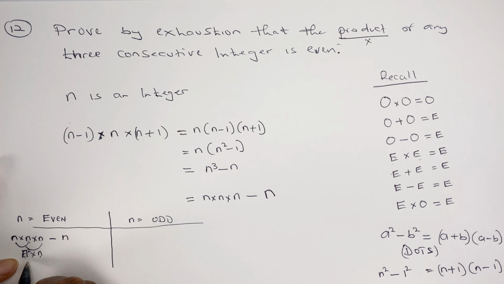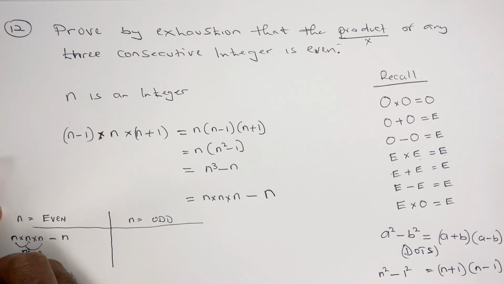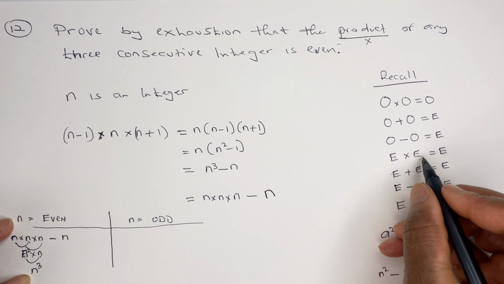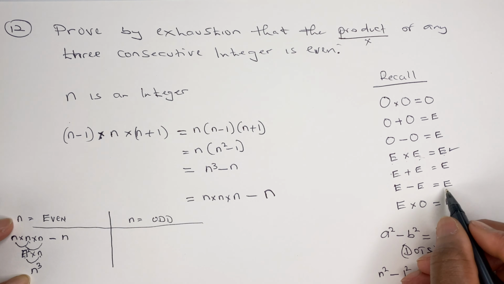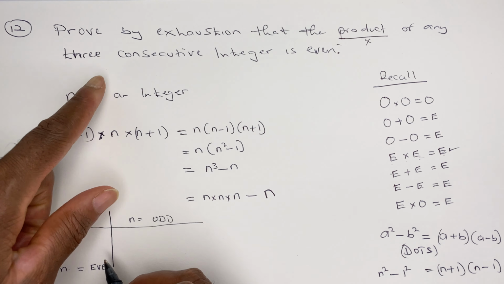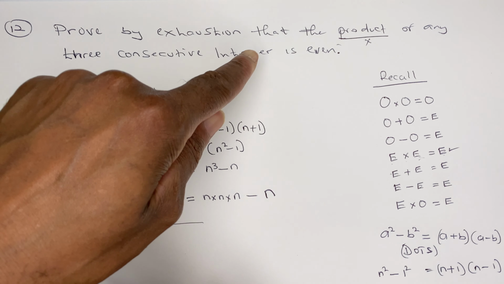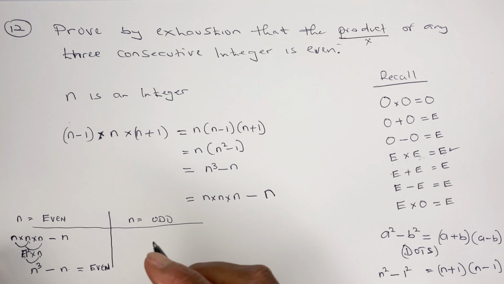Even times even is going to give us even again. So n cubed is even, because even times even is even. And then we take away even minus n. So even take away even shall be even. So in that case, with n being an even integer, the product of the 3 consecutive integers will be even.